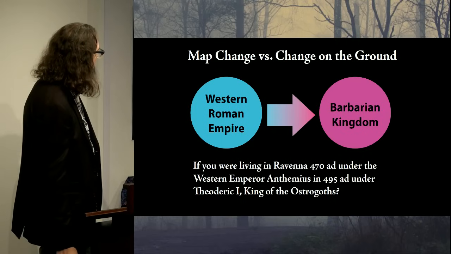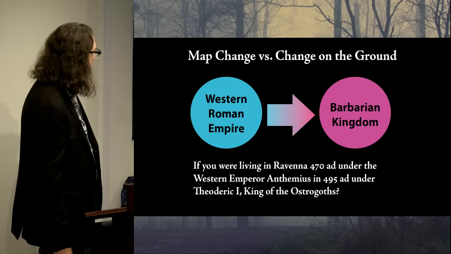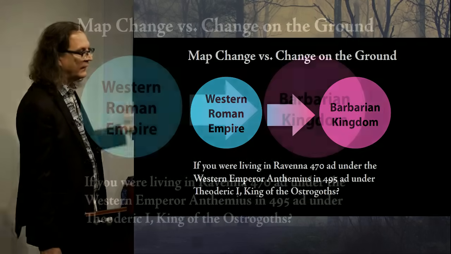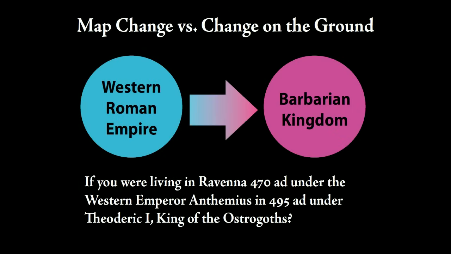So if you're on the ground, the map changed very radically, from Western Empire to Barbarian Kingdom. But if you were really living in Ravenna in 470 under the Western Emperor, and then in 495 under the King of the Ostrogoths, what's really different, right?